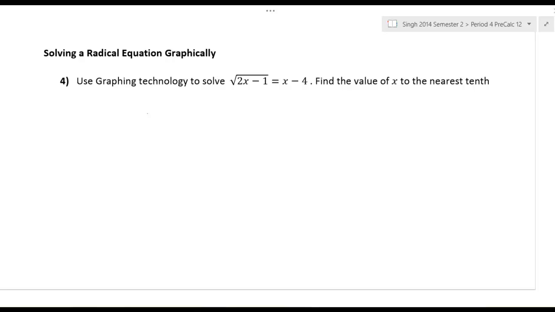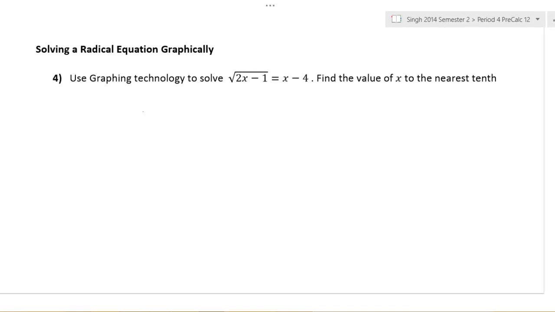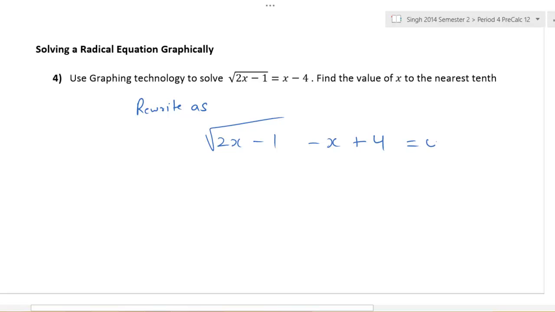So once you've got your graphing calculators ready, what we need to do next is graph that equation and try and find its solutions. Two ways we can do that. One way is we can rewrite the equation and bring everything over to one side. So let me do that first. I can rewrite that as square root of 2x minus 1 minus x plus 4 equals 0.